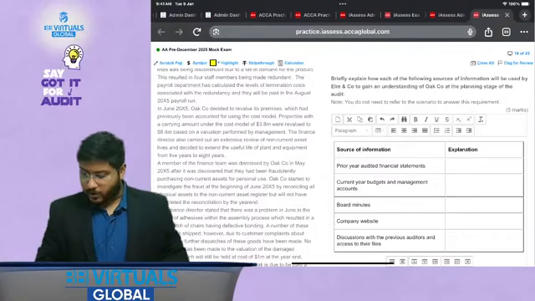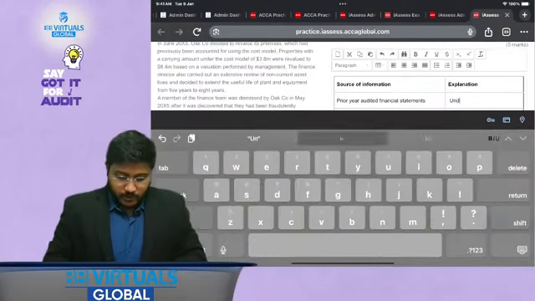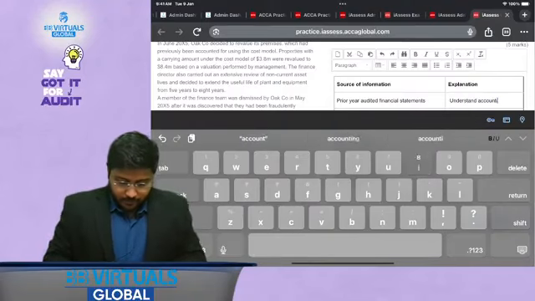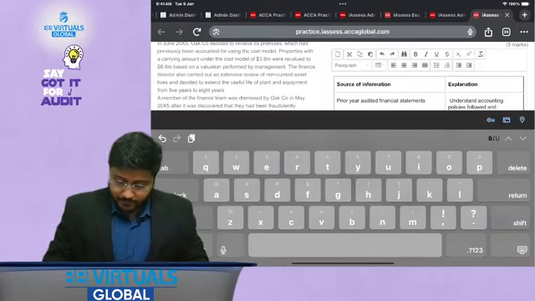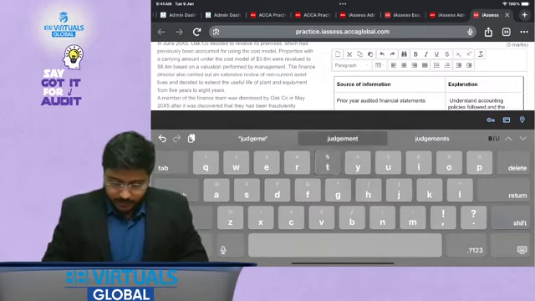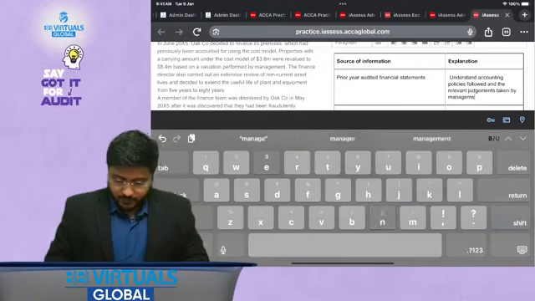For example, prior year audited financial statements. This will help us to understand accounting policies followed and the relevant judgments taken by management.